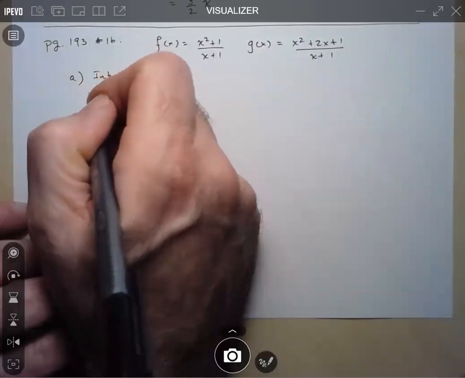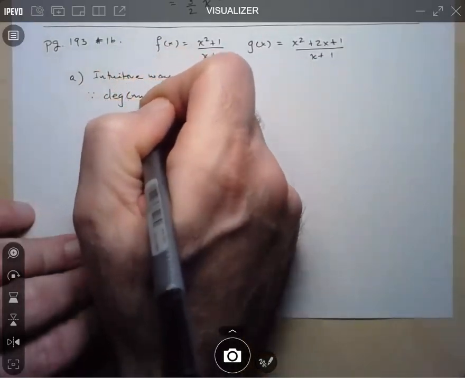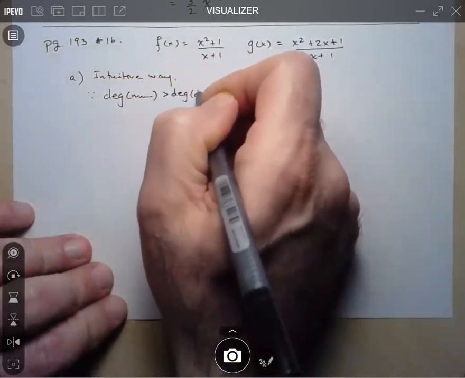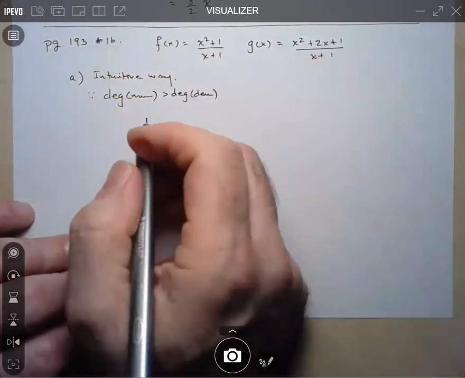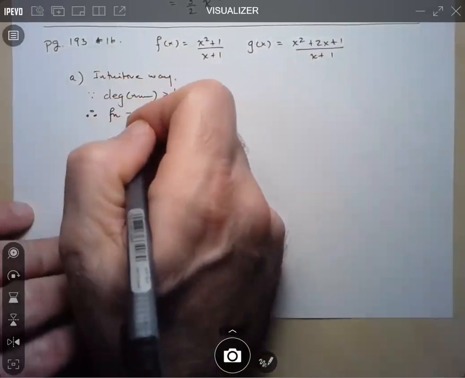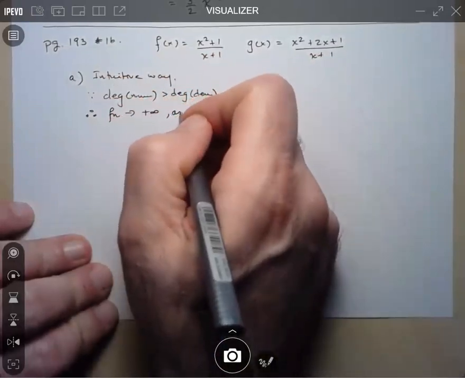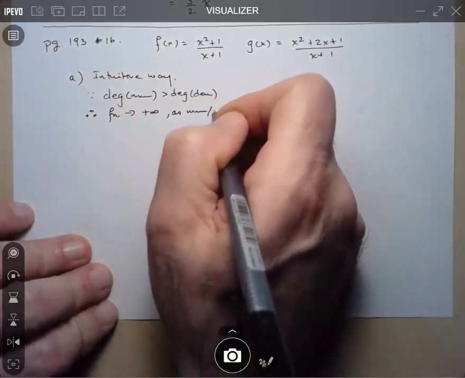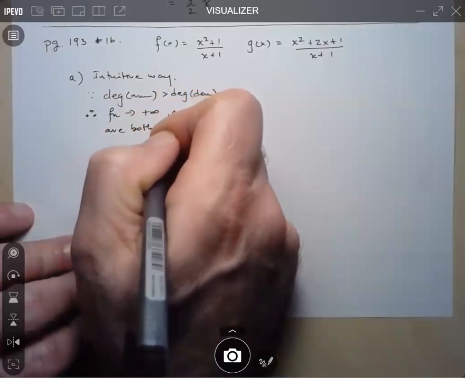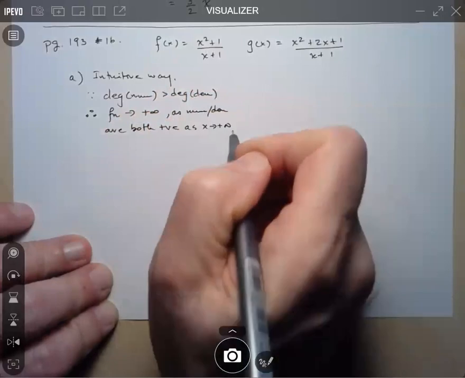So here we can say, since the degree of the numerator is greater than the degree of the denominator, we can say that the function approaches positive infinity as numerator and denominator are both positive as x approaches positive infinity.